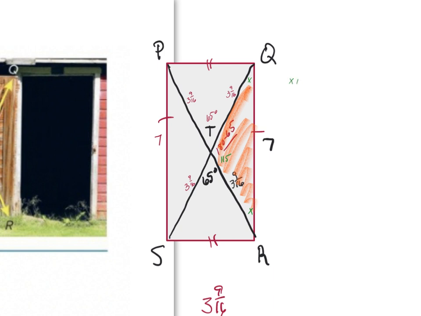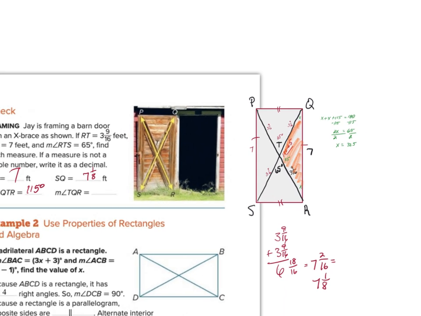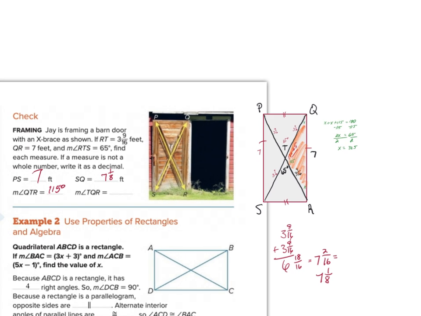So I have x plus x plus 115 should equal 180. Doing my inverse operations, I have 2x is equal to 65. Divide by 2, and x is going to be 32.5. So it looks like TQR is going to be 32.5 degrees. There you go.